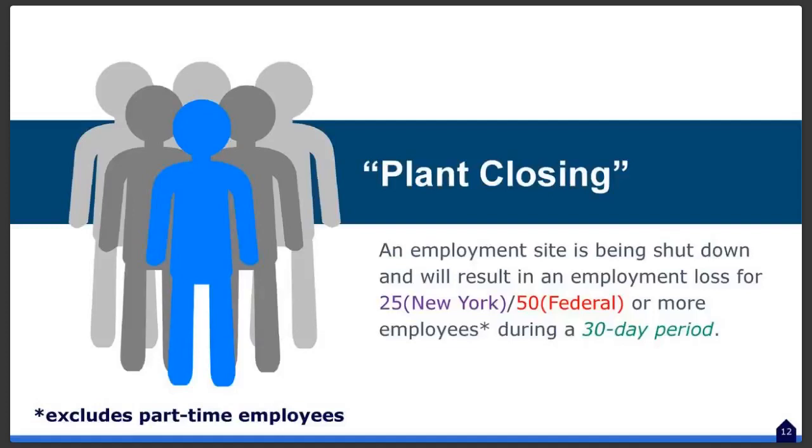So if you had 80 employees who only work 15 hours a week and 20 employees who qualify as not part-time, they work a full 40-hour week, and you shut down the facility and terminate all of those employees, that apparently would not, assuming there's not some other interesting details that we're missing, qualify as a plant closing because there would not be 25 non-part-time employees suffering an employment loss.